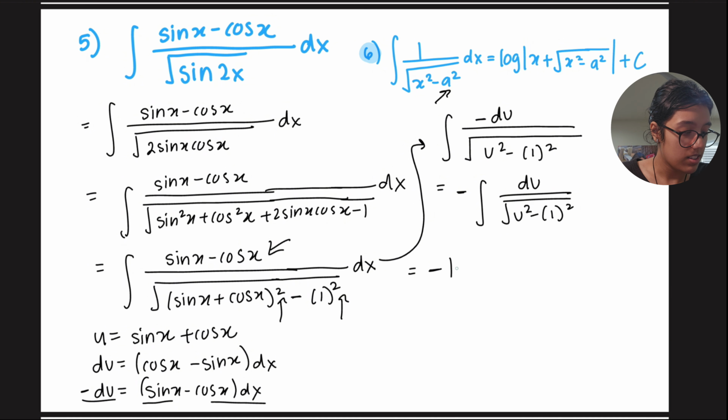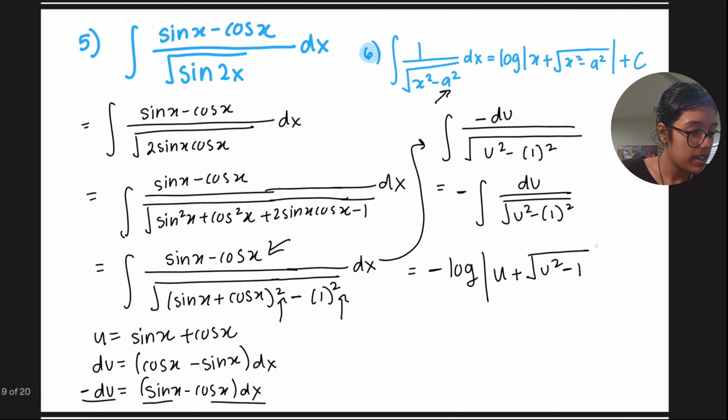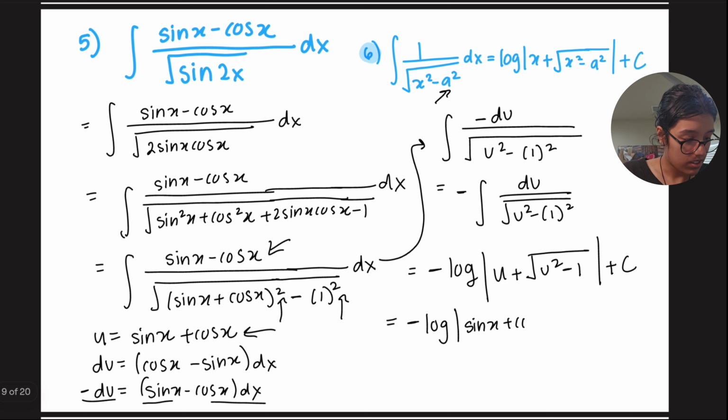So we're left with minus log absolute value of x, we said was u, plus square root of x squared, in other words u squared, minus a squared, which is just 1, plus c. Let's replace u. So minus log of u, we said was sine x plus cos x, plus square root of (sine x plus cos x) squared, because that's what we said u was, minus 1, and then plus c.